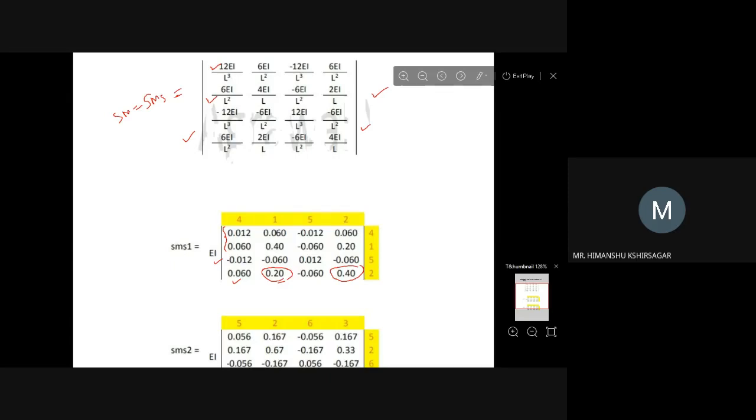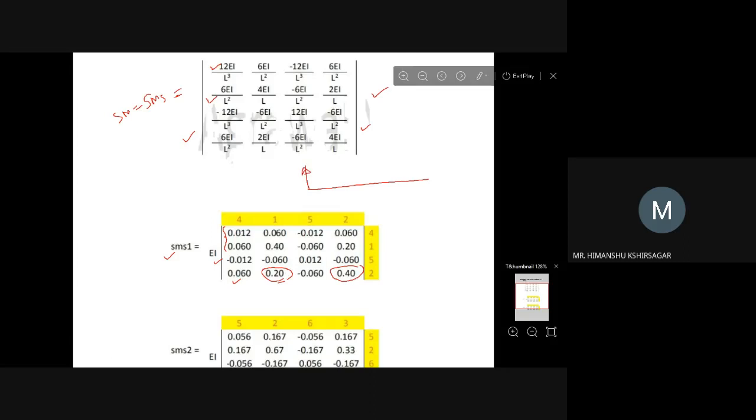Once you assemble the SMS1 matrix, give the numbering in the horizontal direction as well as in the y direction. If you have plotted the skeleton diagram, you will be able to give the numbering. But again I can plot it here.